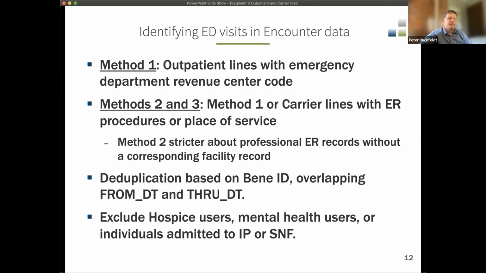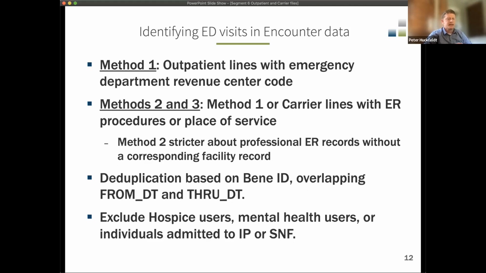Here too, we performed a deduplication: if we saw services received by the same beneficiary with the same from date and through date, or overlapping dates, we considered it one ED visit. And then we excluded, again, hospice users, users of mental health services, or individuals who were subsequently admitted to an inpatient facility or a skilled nursing facility.